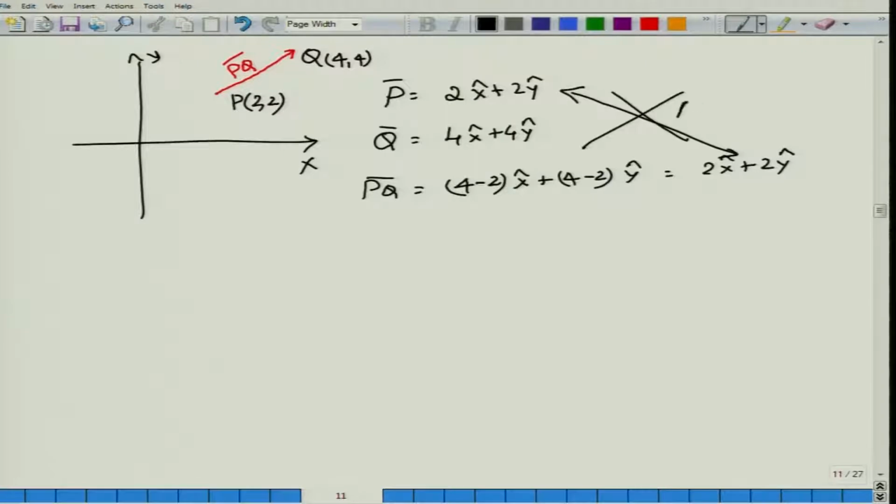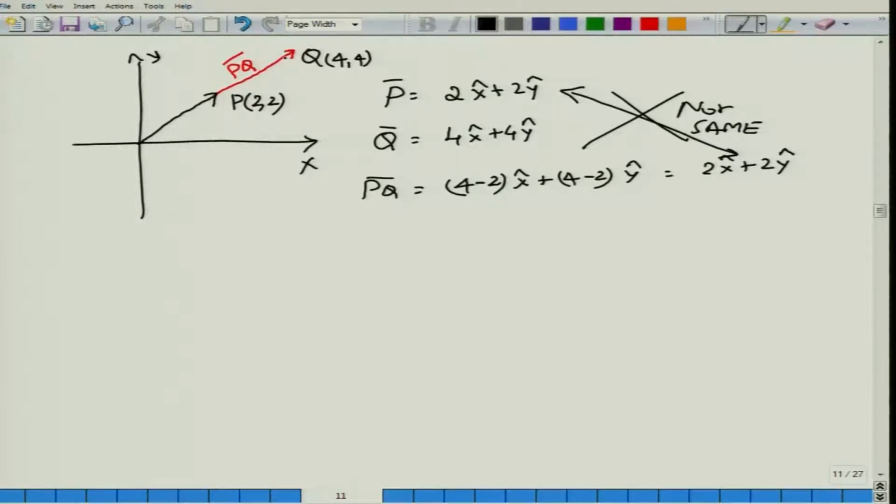They are not the same at all. Why are they not the same? Because one is a position vector which is given from the origin to the particular point, and the other one is not the same vector because that vector PQ goes from point P to the point Q.